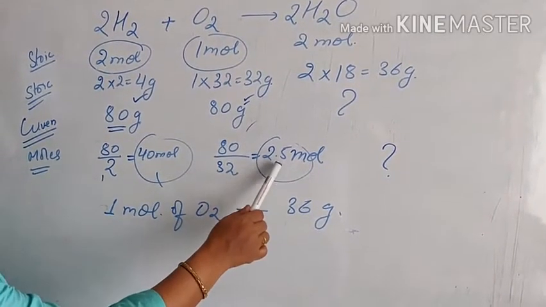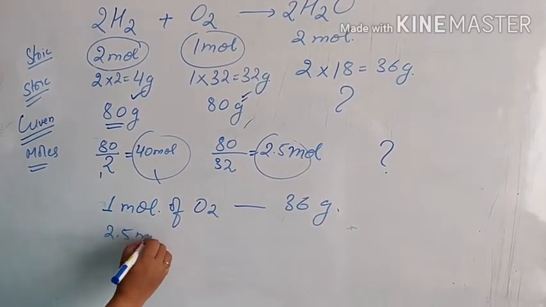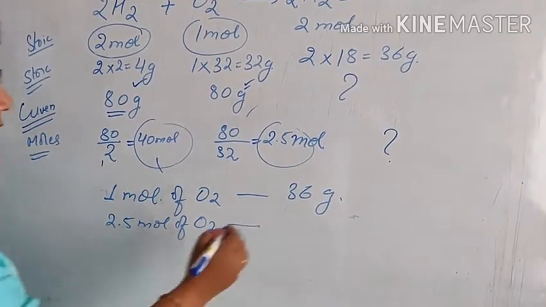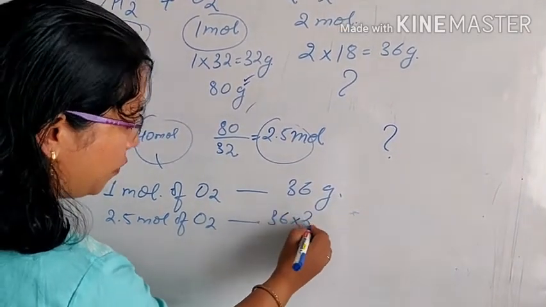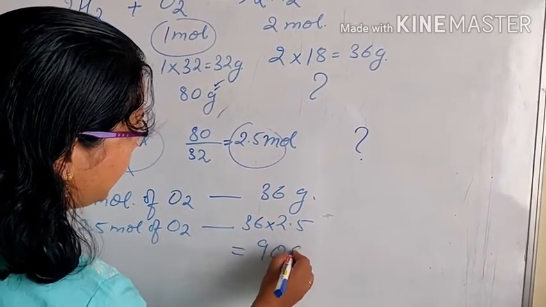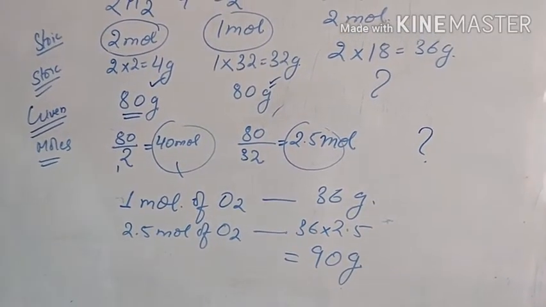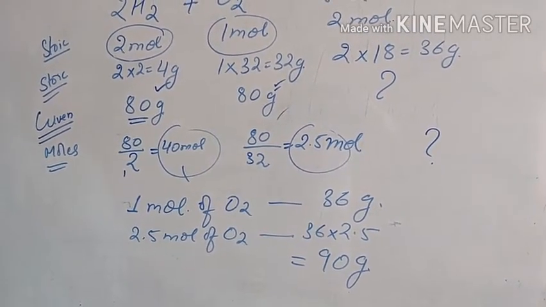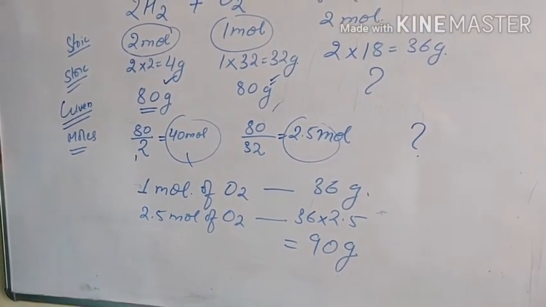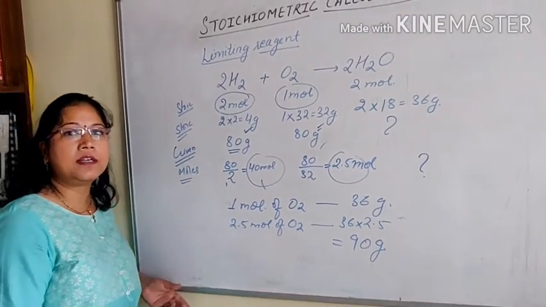Therefore, how many moles are available in the reaction mixture? It is 2.5 mole. So 2.5 mole of oxygen will produce how many grams? 36 into 2.5 gram, that is equal to 90 grams. So in this way, the water formed in the reaction mixture is 90 gram and oxygen is the limiting reagent. So in this way you can solve the questions based on stoichiometry and the questions based on limiting reagent.